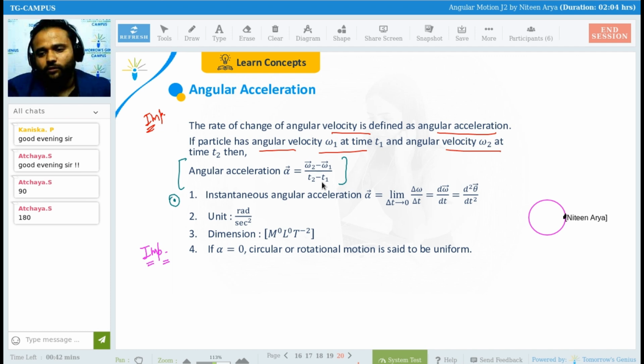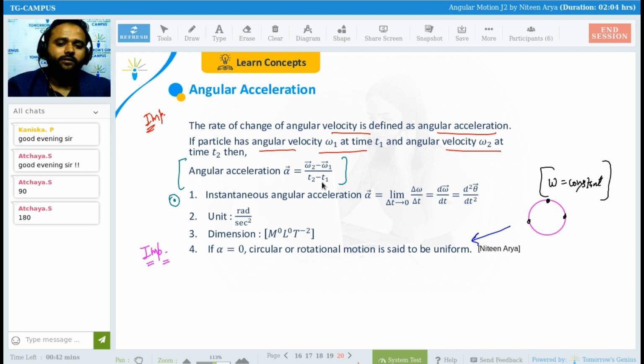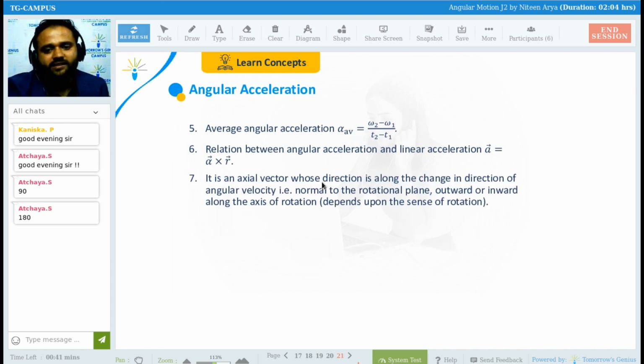If a particle is rotating in this way, in this way, in this way, so the angular velocity omega is constant, and omega is constant for uniform circular, or you can say rotational motion, or rotational motion is said to be uniform. Is this clear? So these are the few important points, nothing much. The average acceleration is again omega 2 minus omega 1 divided by t2 minus t1, important one.